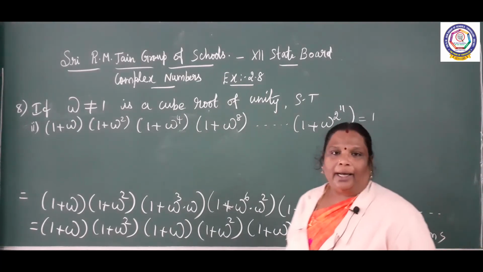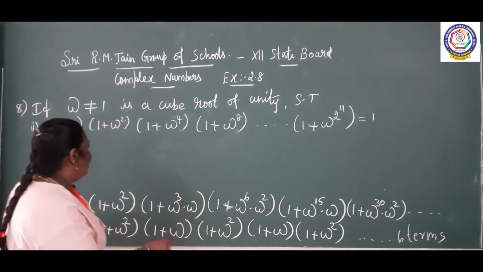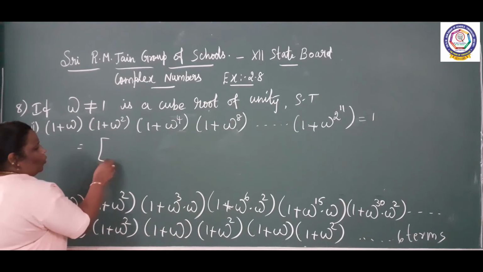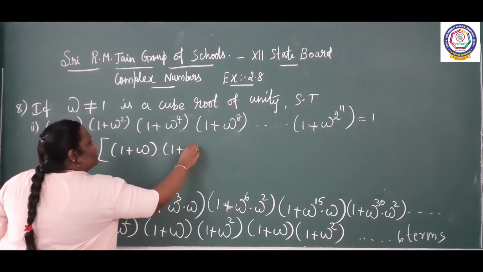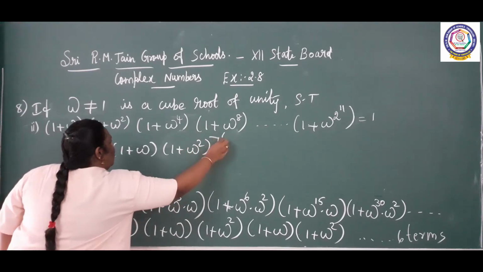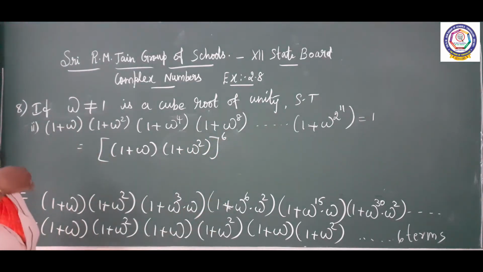So you will write 1 plus omega into 1 plus omega square the whole power 6, because there are 6 terms, power 6.